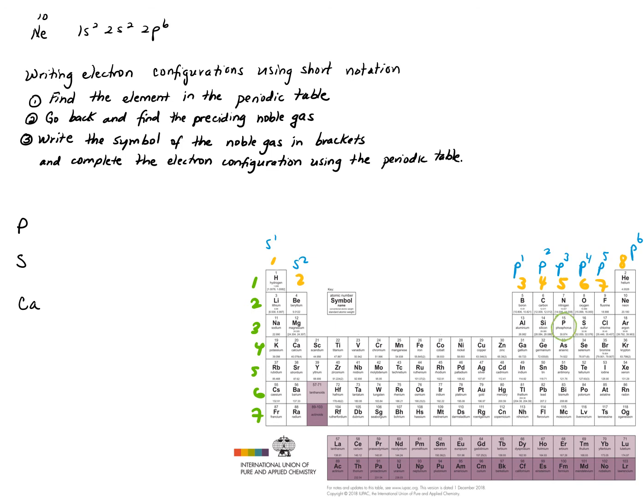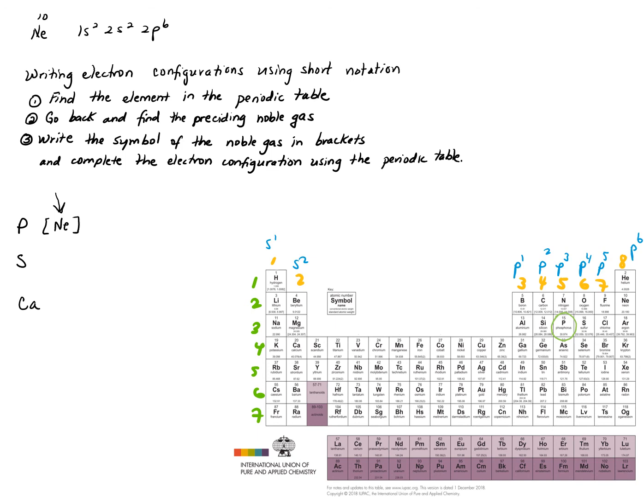So next we have to find the noble gas that you have right before element 15, and that noble gas will be neon. So writing that in brackets means that we already have an electron configuration for 10 electrons right there. Atomic number for neon is 10. So when we write down neon right here, we already have 10 electrons.